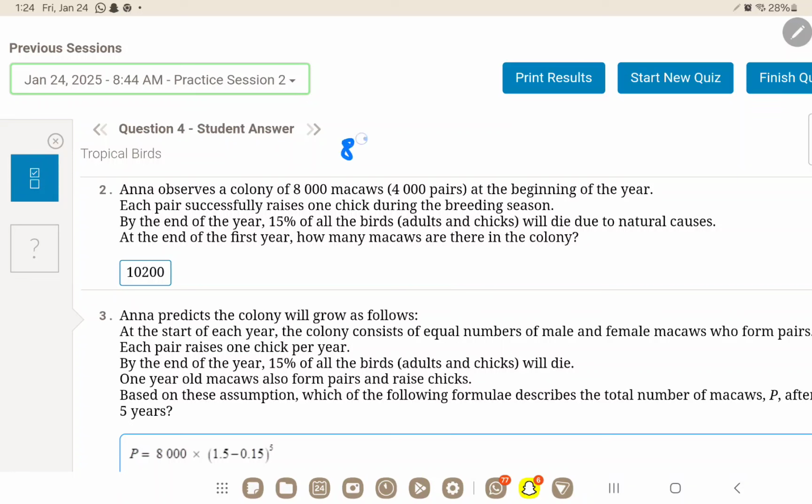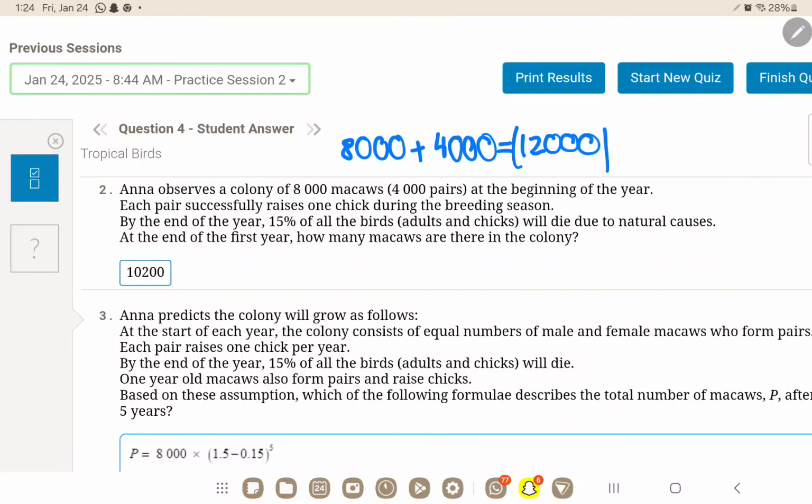So if you had 8,000, you add 4,000 because each couple will give 1 chick. Half of the 8,000 would be 4,000, so there's 4,000 chicks. So that would be 12,000 macaws in this colony.